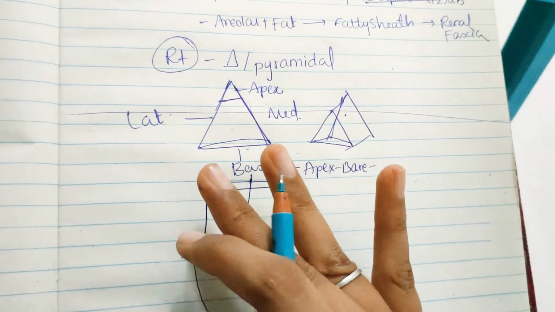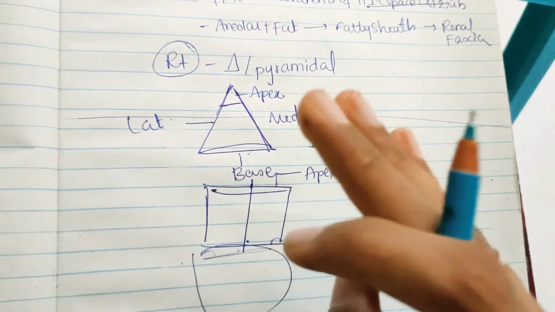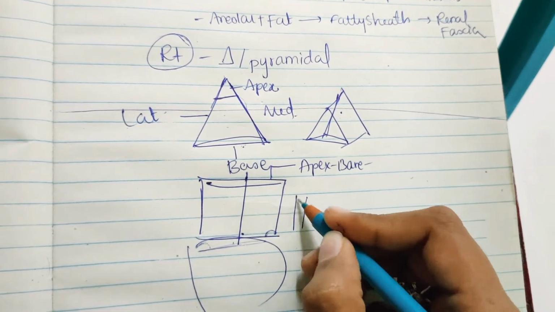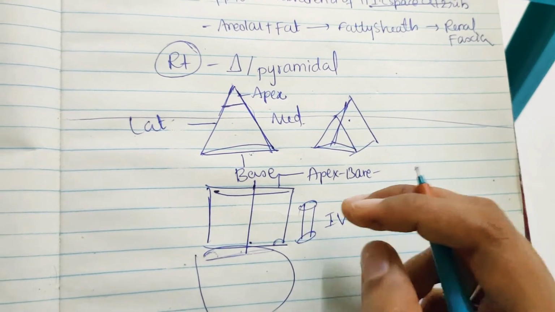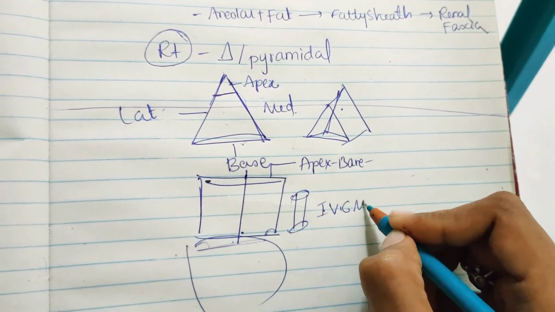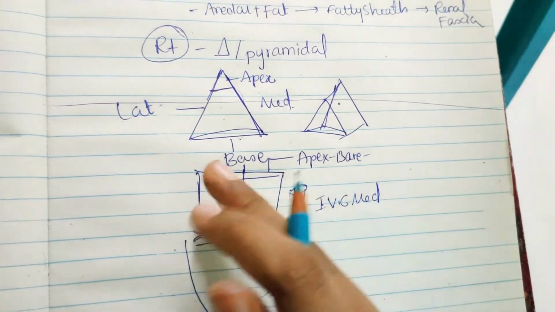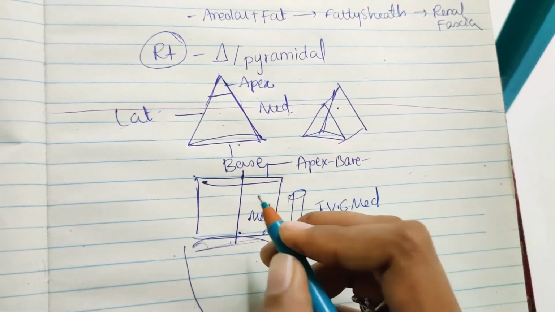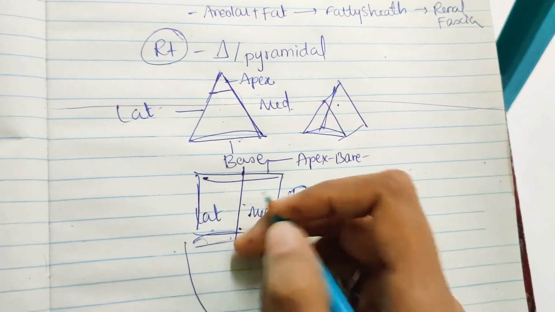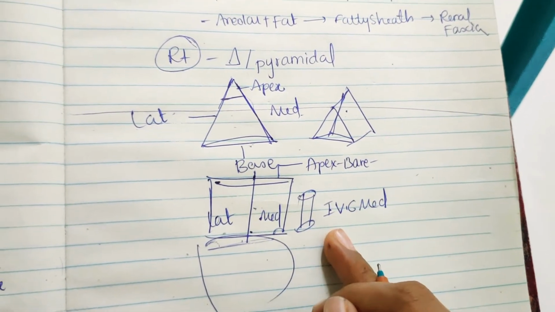It is related to the inferior vena cava, medially. You can see here this is the medial side of the suprarenal gland, this is the lateral side. So medially it is related to the inferior vena cava.